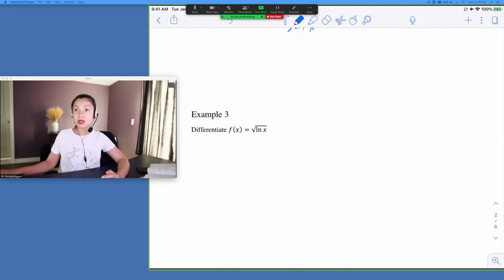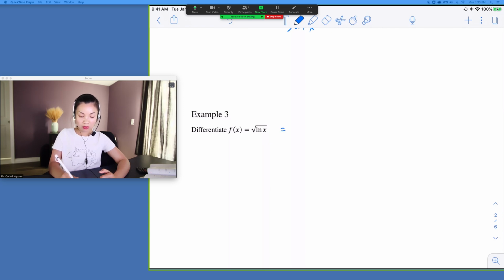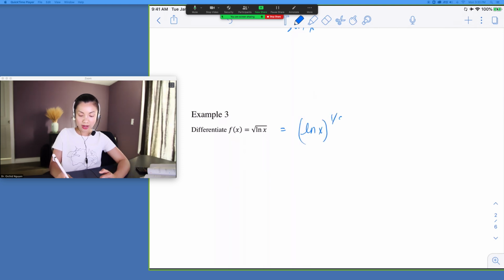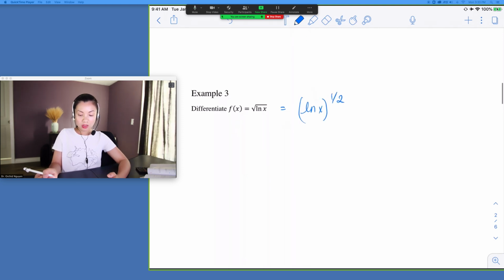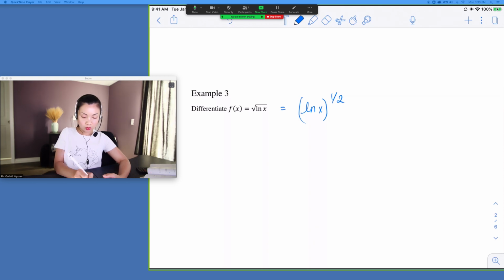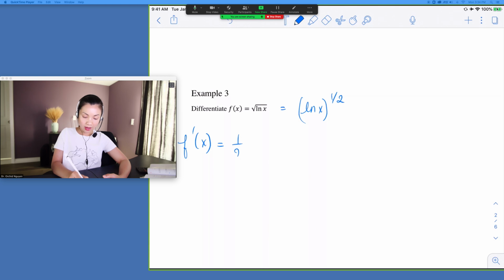You see right now the outer function, in fact, is a square root function. So I'm just going to rewrite first ln of x to the 1/2. Now, going with the chain rule, what we have is 1/2 ln of x to the negative 1/2.